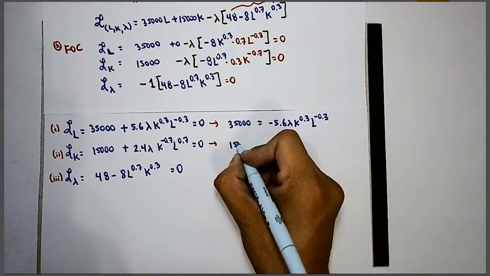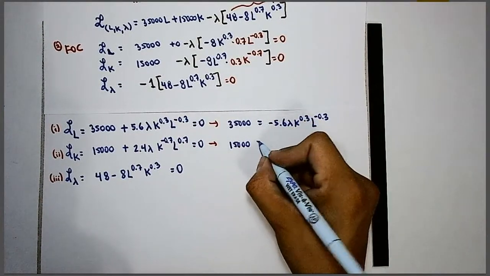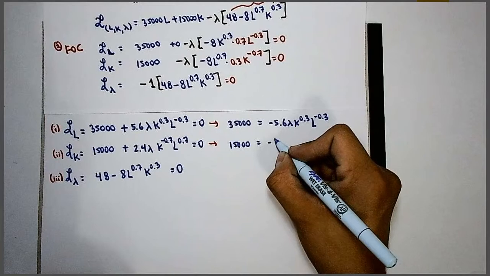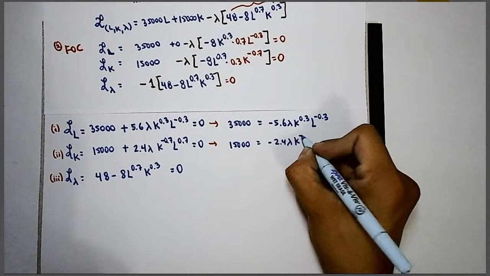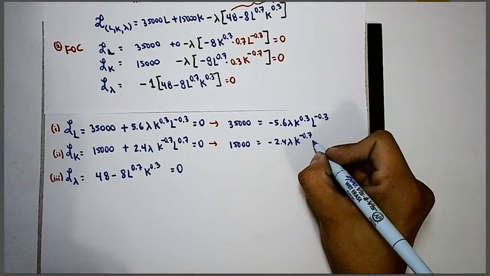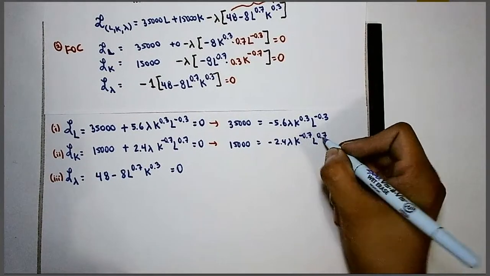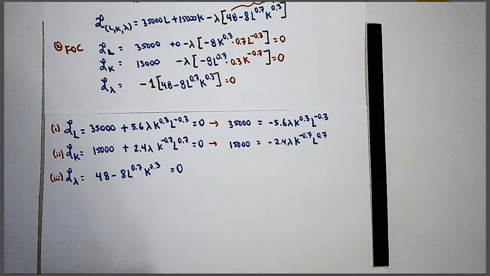And here we have 15,000 equals minus 2.4 lambda K to the minus 0.7 L to the 0.7. And as before, we will divide them.